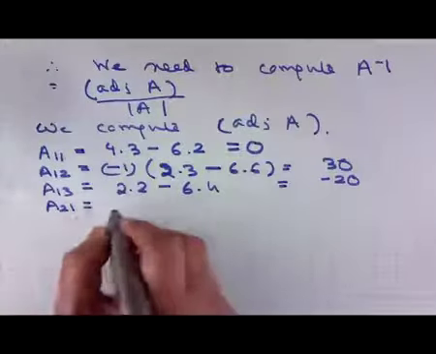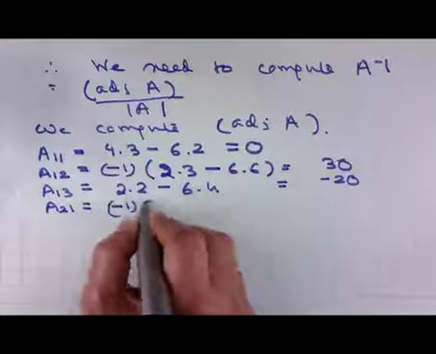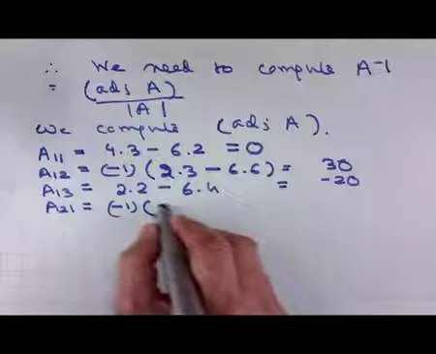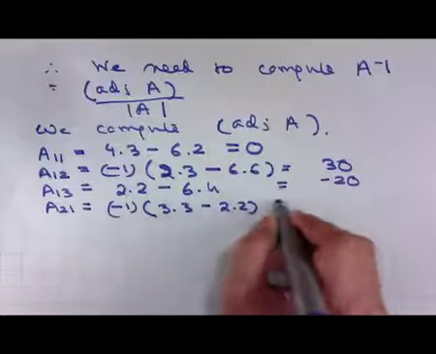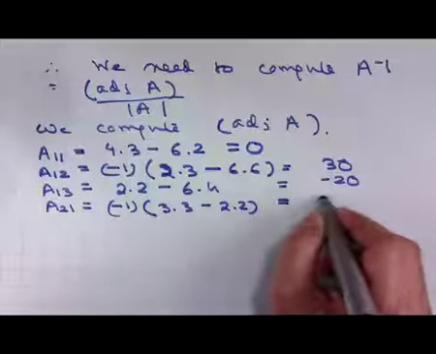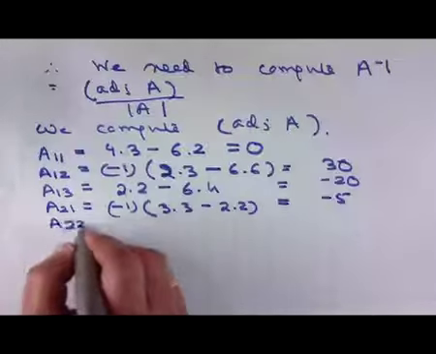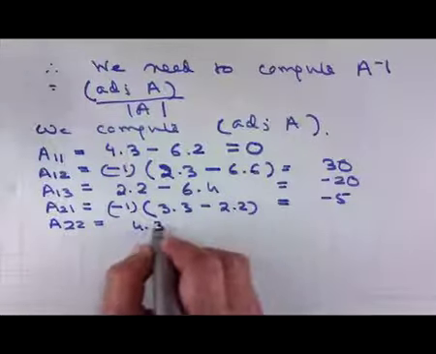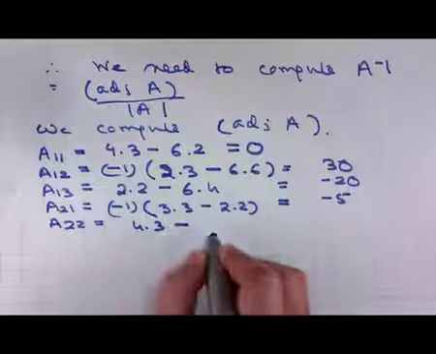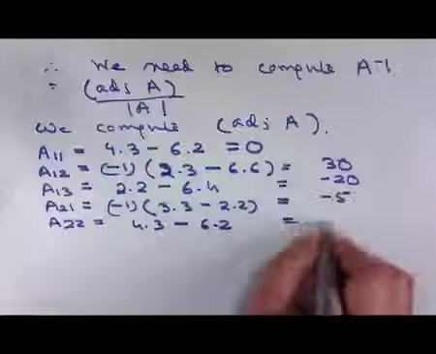A21 is equal to minus 1 into (3 into 3 minus 2 into 2), which is minus 5. A22 is equal to 4 into 3 minus 6 into 2, which is 0.